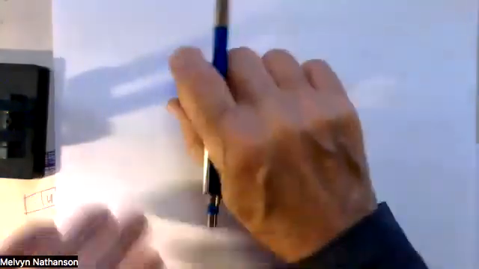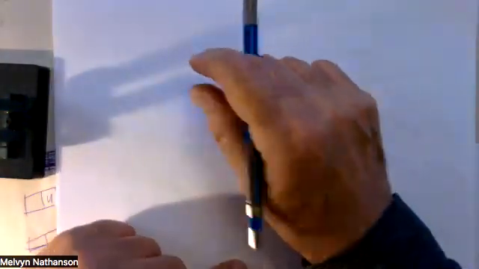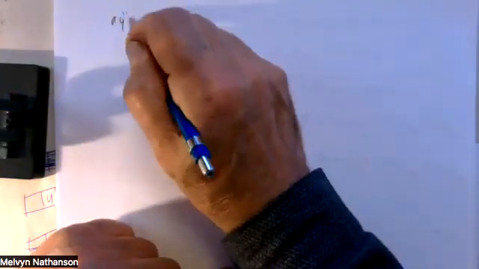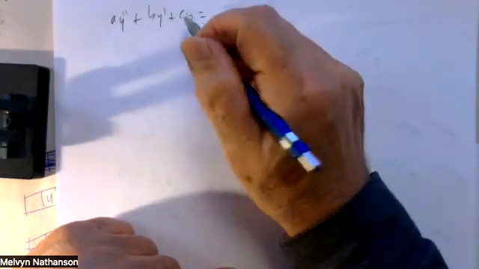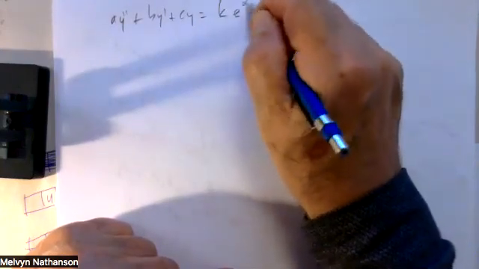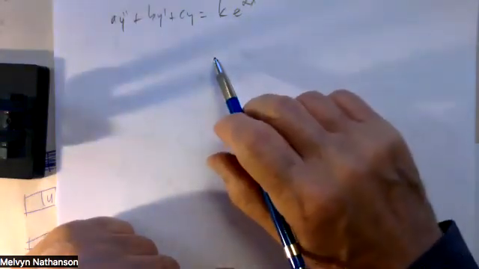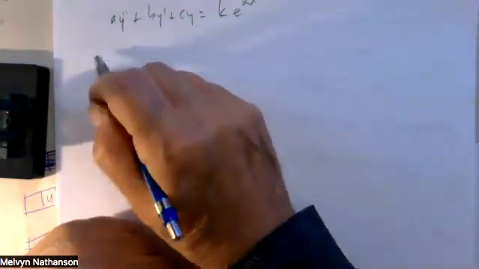Suppose you have an equation ay'' + by' + cy = ke^(αx), where α is some number. So there are two cases.